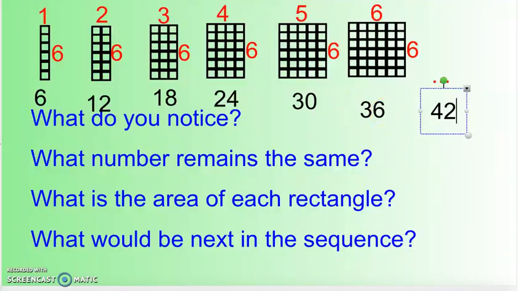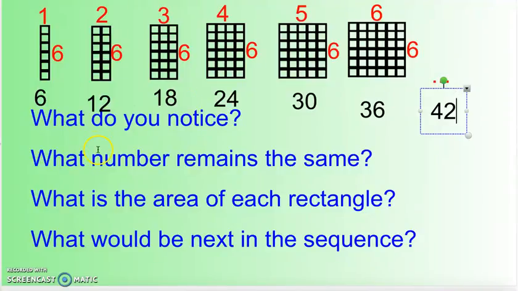Those of you that were thinking, hey, if I take 6 times 1, I get 6. 6 times 2 is 12. 6 times 3 is 18, etc. So then down here for 42, I would take 6 times, the next number would be 7. 6 times 7 is 42. Now notice the dot, dot, dot, because I could actually continue this sequence infinitely.